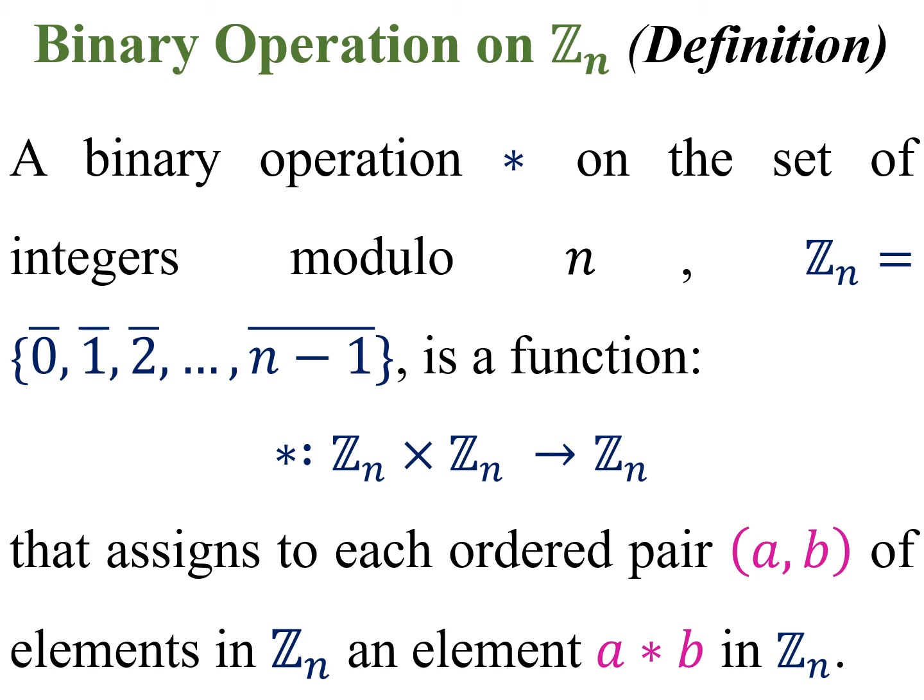Binary operation is operating on 2 elements of Zn, and after operating this star on 2 elements of Zn, we will get a single element of Zn. That is, when star is operating on 2 elements a and b of Zn, we will get the single element a star b in Zn. You can understand this concept with the help of examples in the next slide.